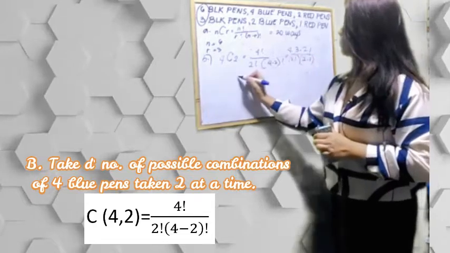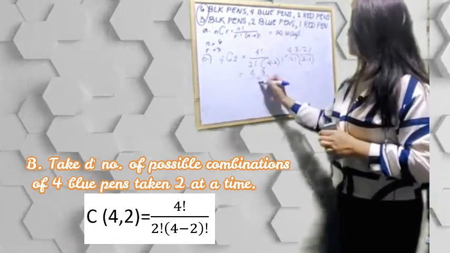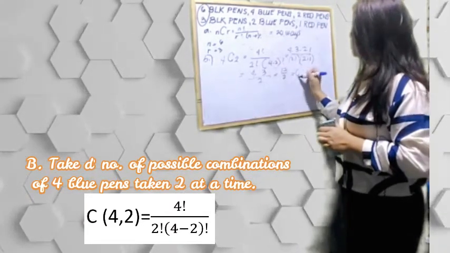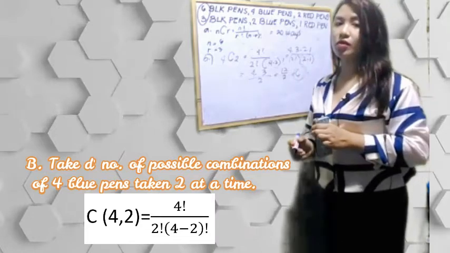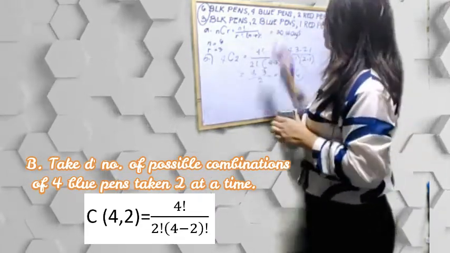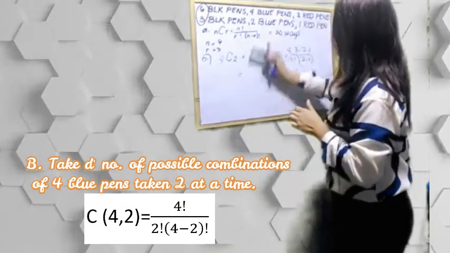What will be left would be 4 times 3 over 2, which is 12 divided by 2, giving you 6. So we have 6 possible combinations if you would like to take 2 blue pens out of 4 blue pens. So your letter B combination will be 6.